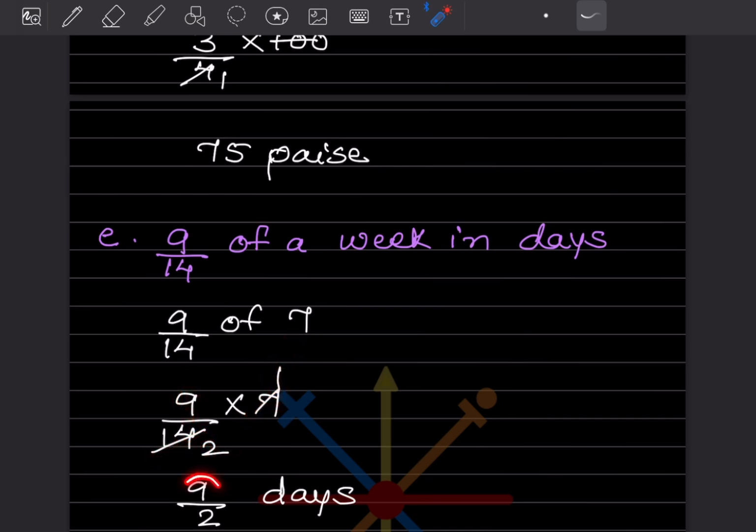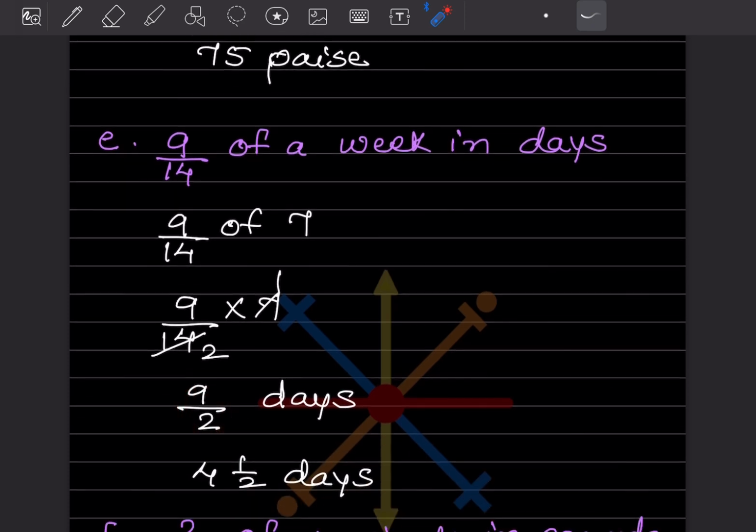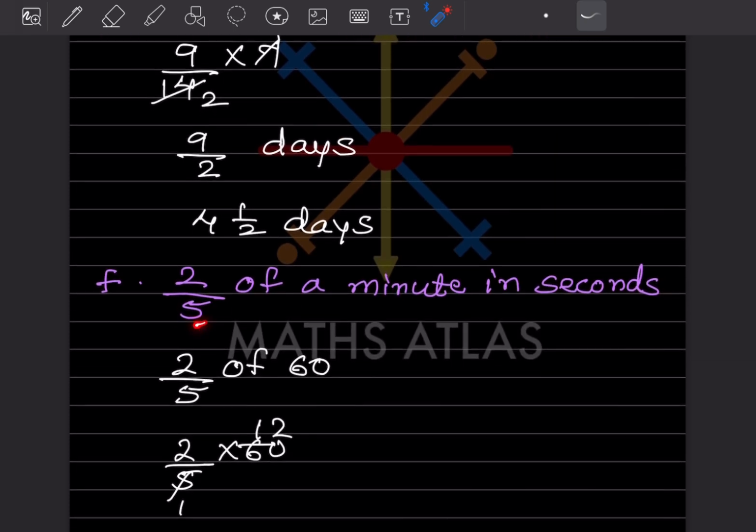This is again an improper one, so we'll make it a mixed fraction. 9 divided by 2 is going to be 4 integers 1 by 2 days. 2 by 5 of a minute in seconds. 1 minute will be 60 seconds. So 2 by 5 of 60. This will be multiplication. This will be 60. So 5 ones are 5, 5 twelves are 60. So this is going to be 24 seconds.